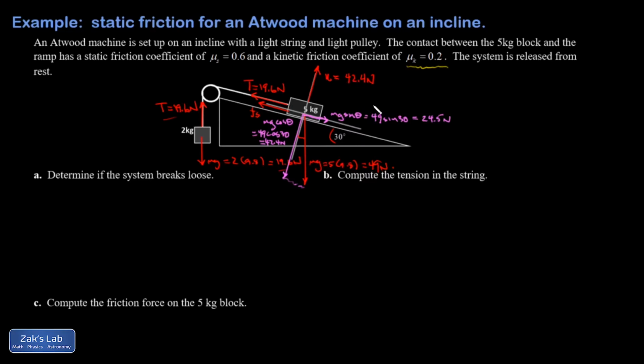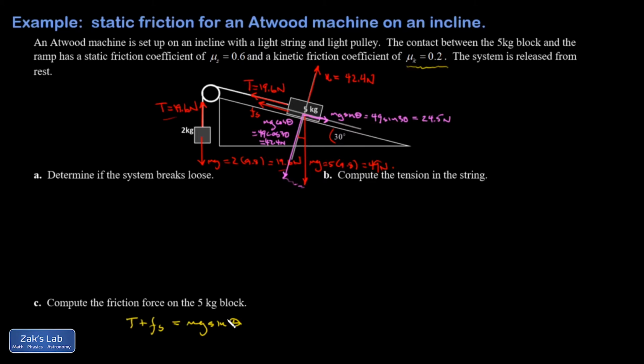And so I could get a magnitude on that, but then I have to double check that it doesn't exceed the maximum possible. So if I just write down an equation real quick, let's call up the ramp positive. So I have T plus Fs must be equal to mg sine theta to keep this thing locked in place.